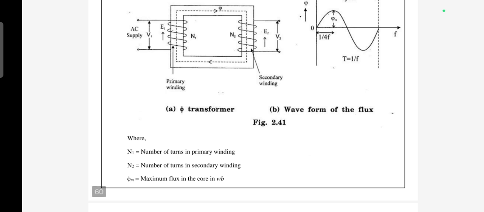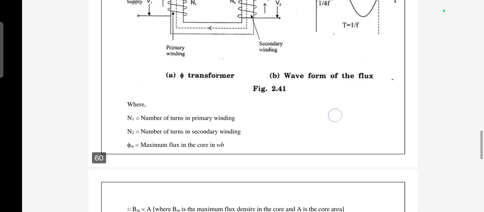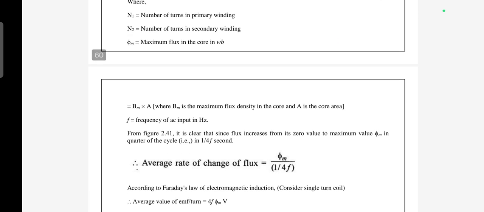Here N1 denotes the number of turns in the primary winding, N2 denotes the number of turns in the secondary winding, and phi m is the maximum flux in the core, measured in Weber. phi m is equal to Bm into A, where Bm is the maximum flux density and A is the area of the core. F is the frequency of the AC input, measured in hertz.